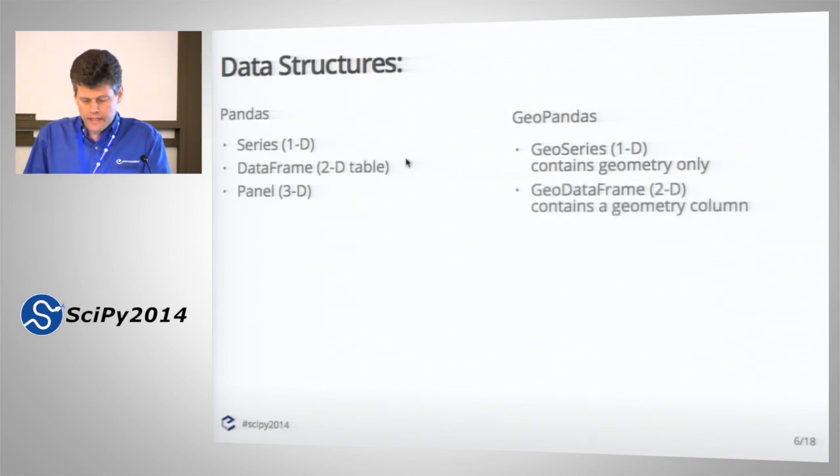Then there's a GeoDataFrame, which is the 2D equivalent. One column of the GeoDataFrame can be referred to specially as the geometry column that defines the geometry of each row. And if you're coming from the GIS world, each row is a feature. It has a geometry, but it also has attributes, and those attributes are the columns of the data. So you can have, say, census data.